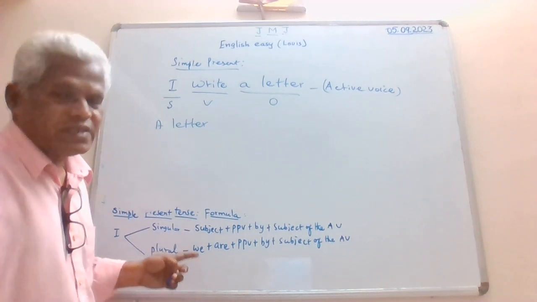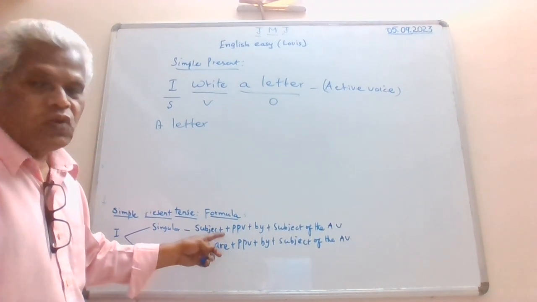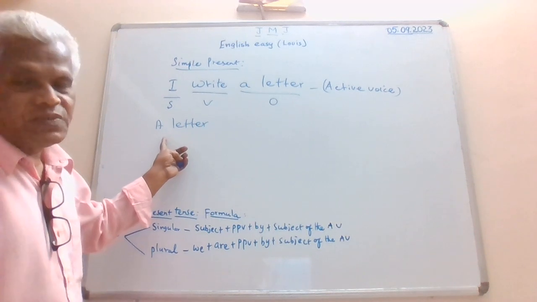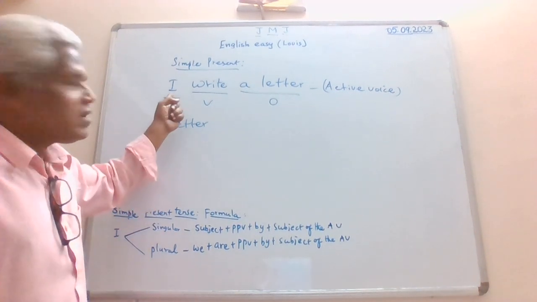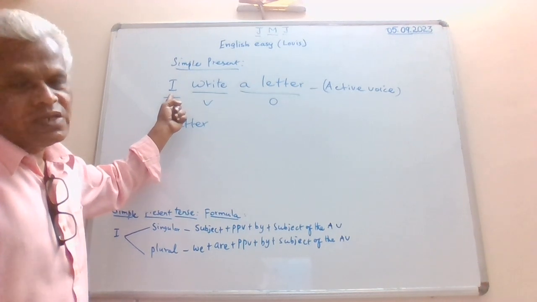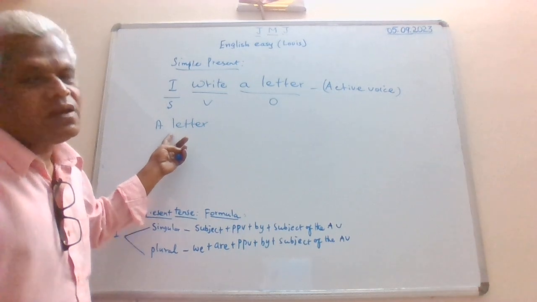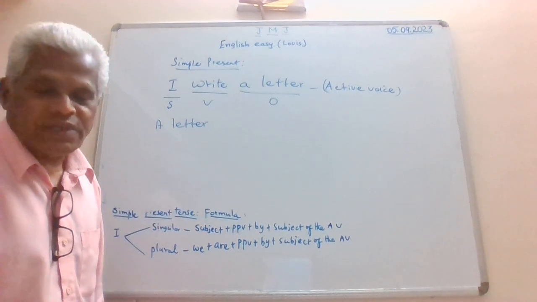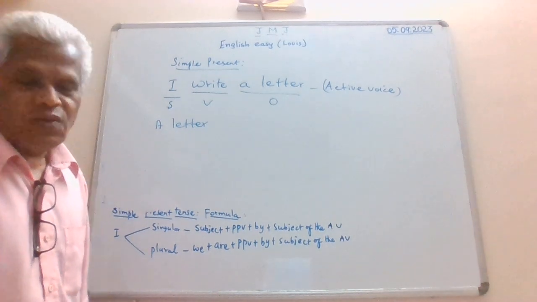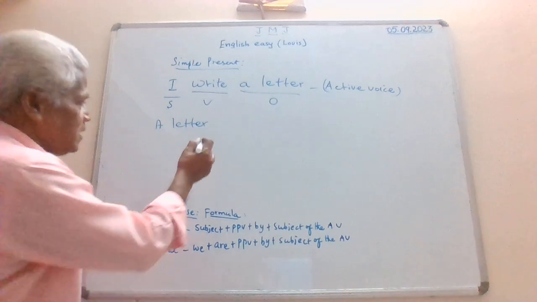But since it is first person singular, I have not written it here. This is in order to show you how it changes from first person singular to third person singular, because your subject is first person singular in active voice, but when it comes to passive voice, it becomes the third person singular. So in the present tense, for third person singular, what is the main verb? Is.